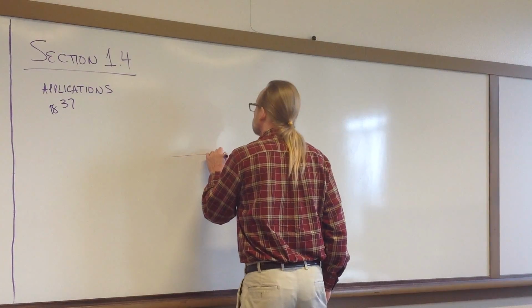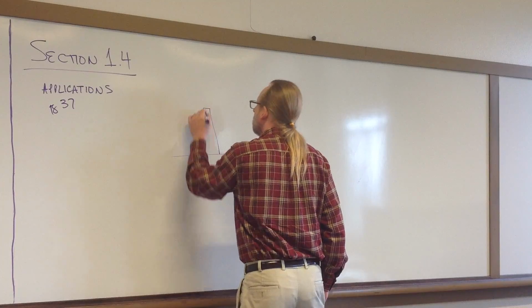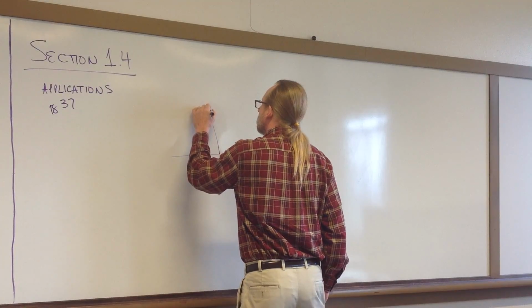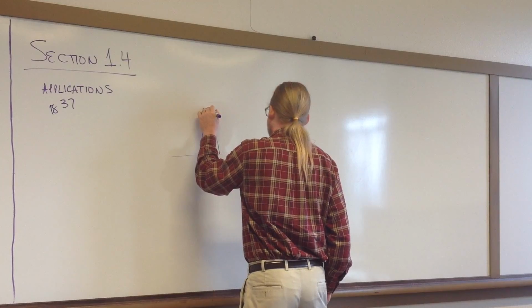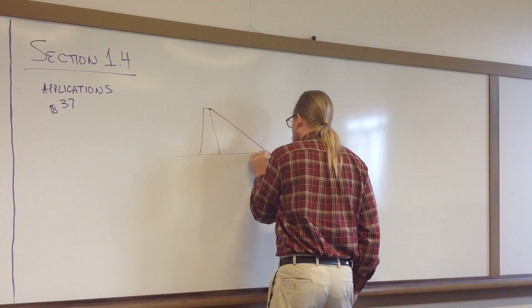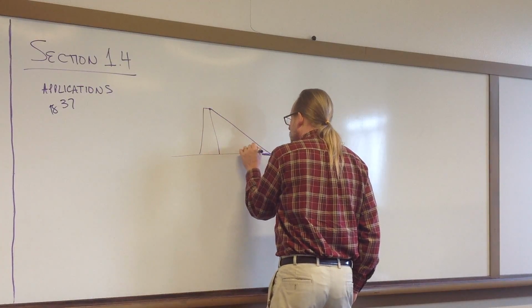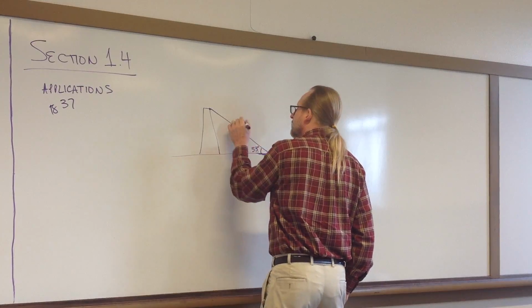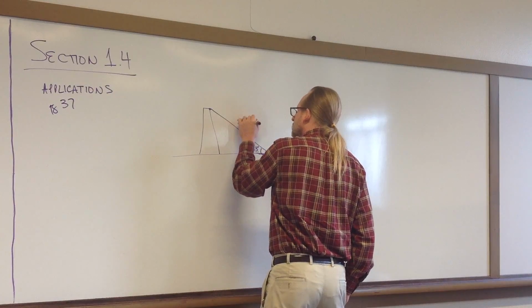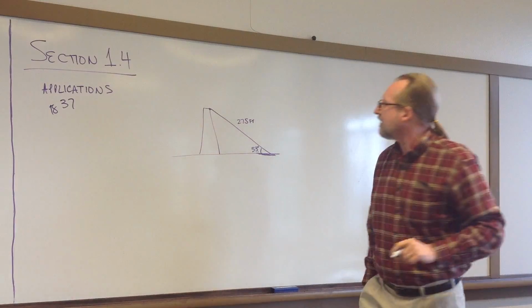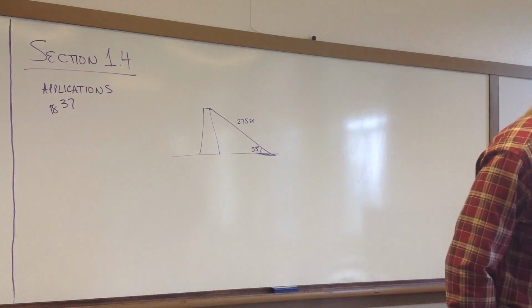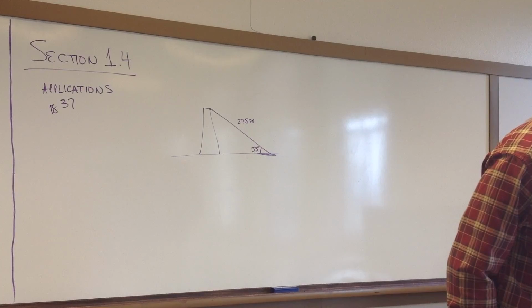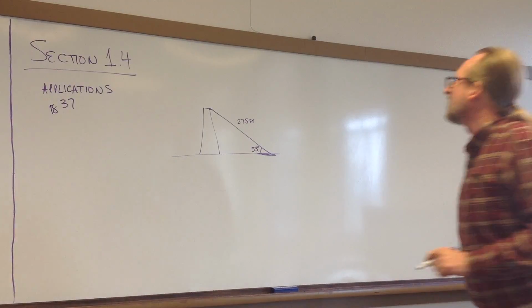Okay, so here's our tower. It makes an angle of 53 degrees with the ground. The wire itself is 275 feet long. How tall is the tower?